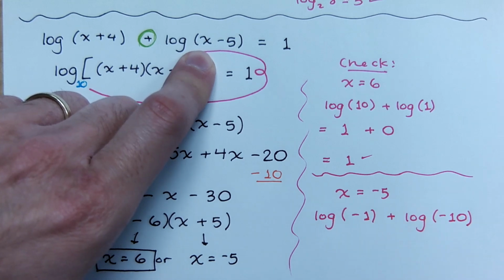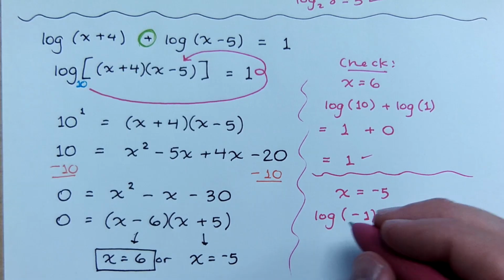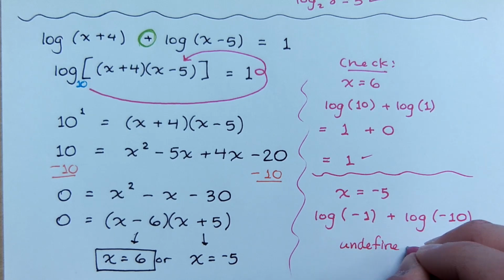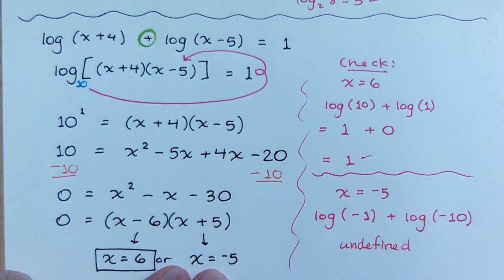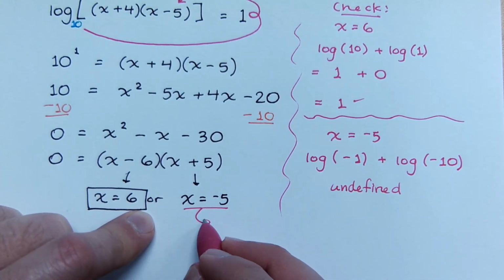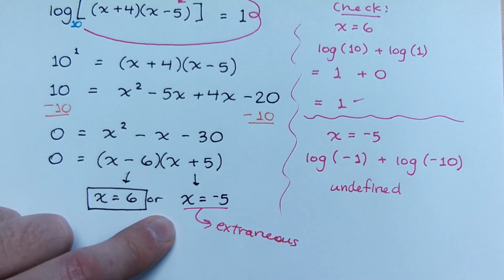But what did I just say about the kinds of numbers that can be inside of a logarithm? It always has to be positive, which means this is undefined. So I cannot include x equals negative 5 as a solution. So this is an extraneous solution.